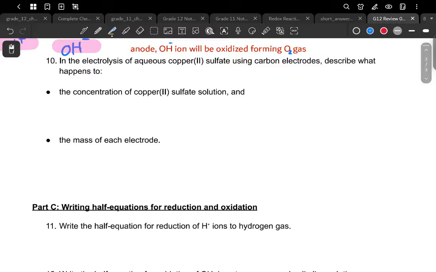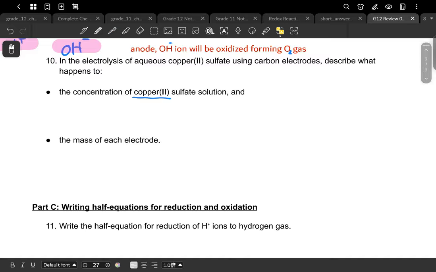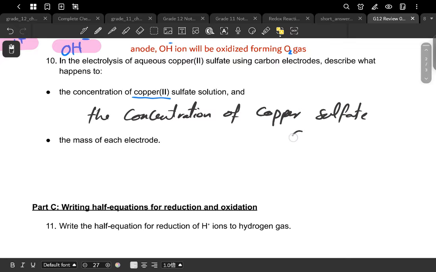Copper ions are used and deposited on the negative electrode, as you saw in the lab. So the concentration of copper sulfate decreases with time.